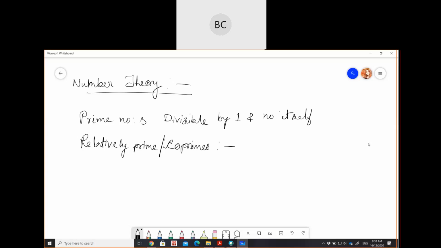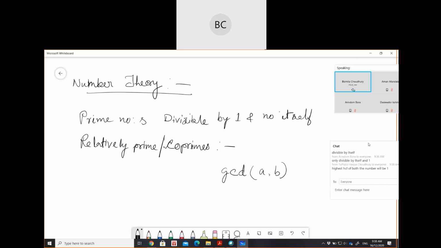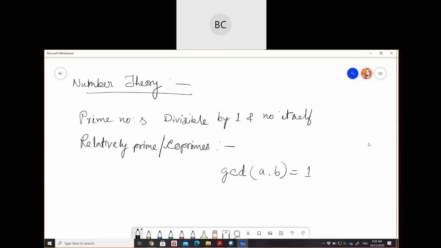Yes, correct. HCF, or you can also say GCD, greatest common divisor. So for two numbers, suppose A and B, to become co-primes or relatively prime, the GCD should be 1. HCF and GCD are the same, it's just the greatest common divisor. It should be 1.